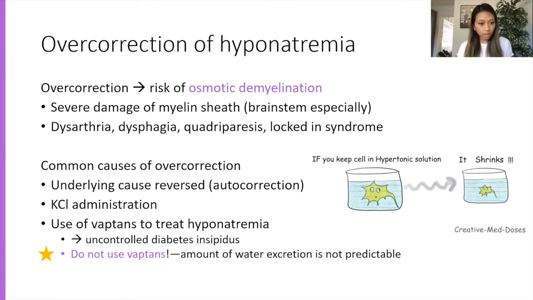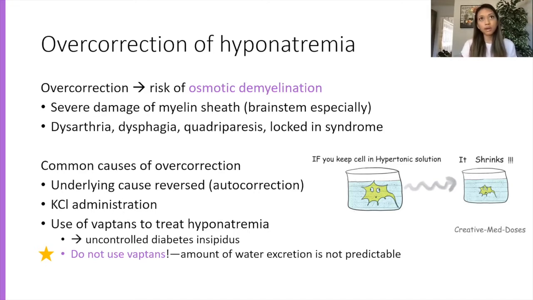So some common causes of overcorrection is actually not from giving the patient hypertonic saline. For the most part, it's because the underlying cause has been reversed, so the patient is autocorrecting, or something like giving the patient potassium chloride.